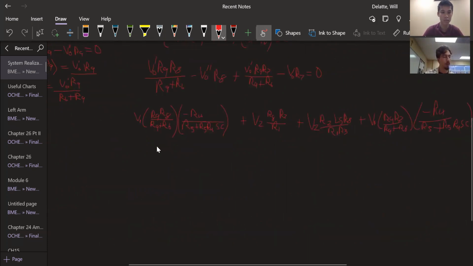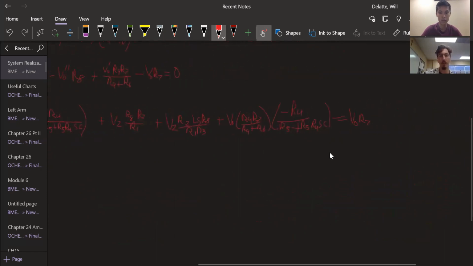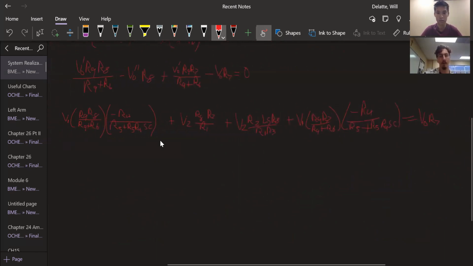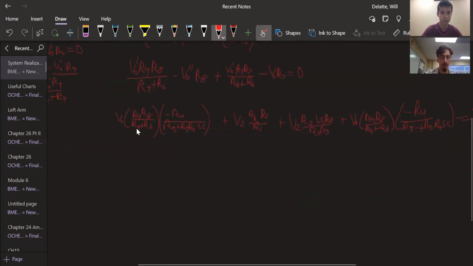So once we do a little bit of razzle dazzle here of comparing like terms, all we're going to do is R9 times R5 times R5, R4 SC. And then we're going to do a little bit of R6 times R5 plus R6 times R5, R4 SC.